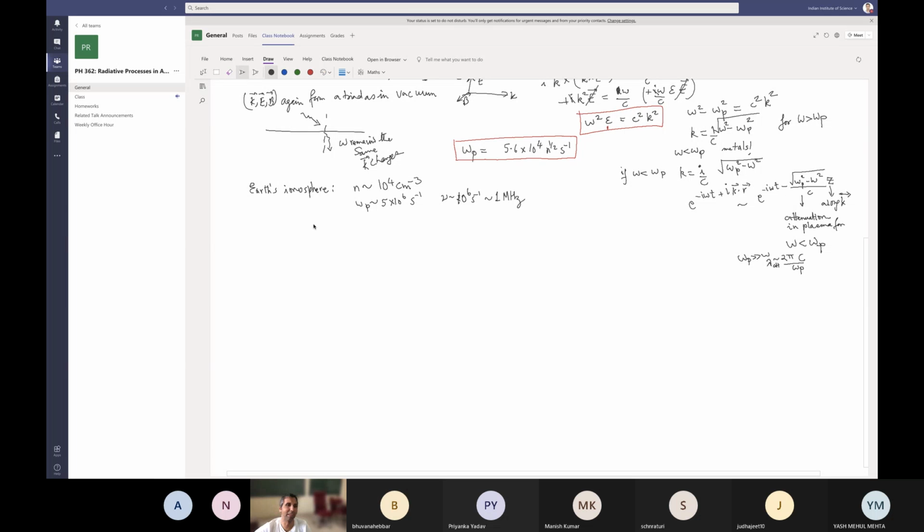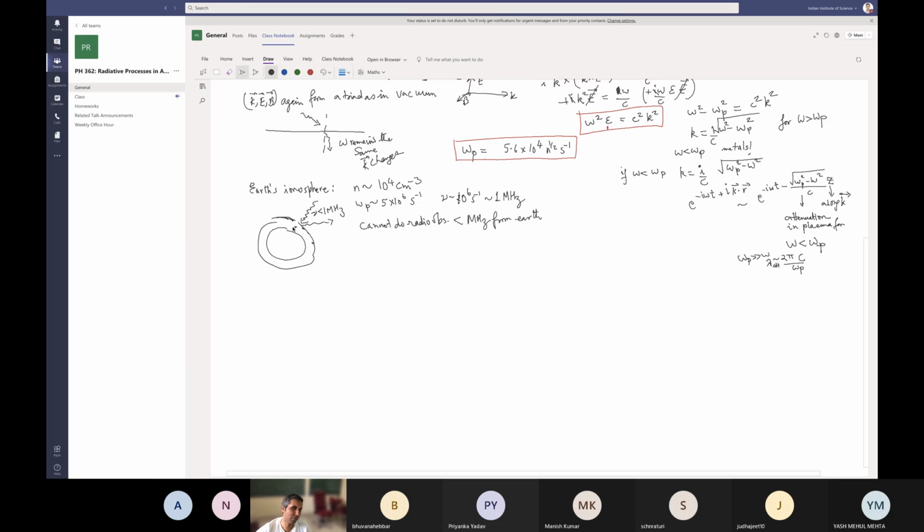So what does this mean? If you have Earth and if you have ionized plasma around it, and if you have some electromagnetic wave coming, if it has a frequency less than 1 megahertz, it will just be attenuated, it will be reflected, right? So basically what it means is that you cannot do radio observations below a megahertz from Earth.